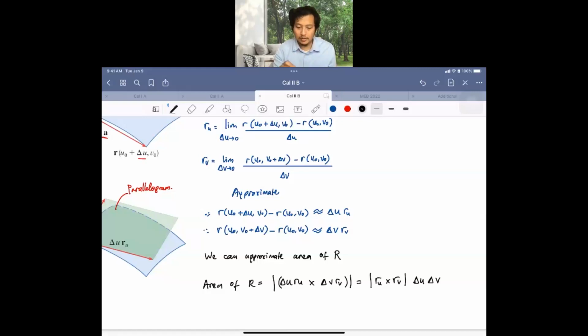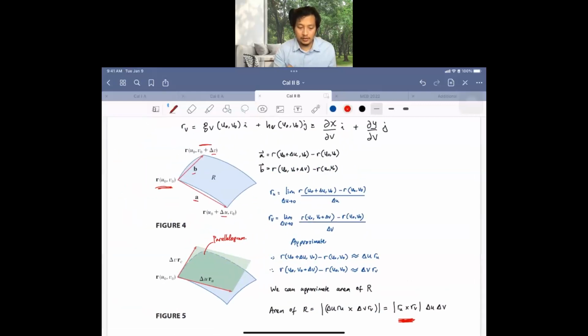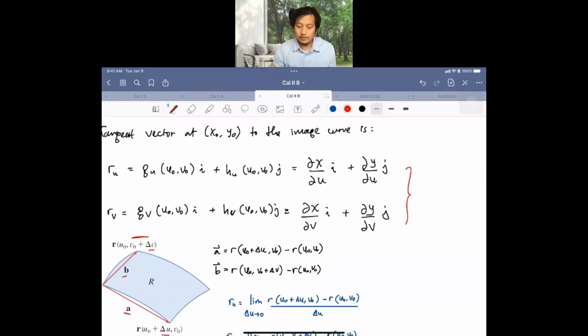Okay, now we could construct this cross product using these partial equations.